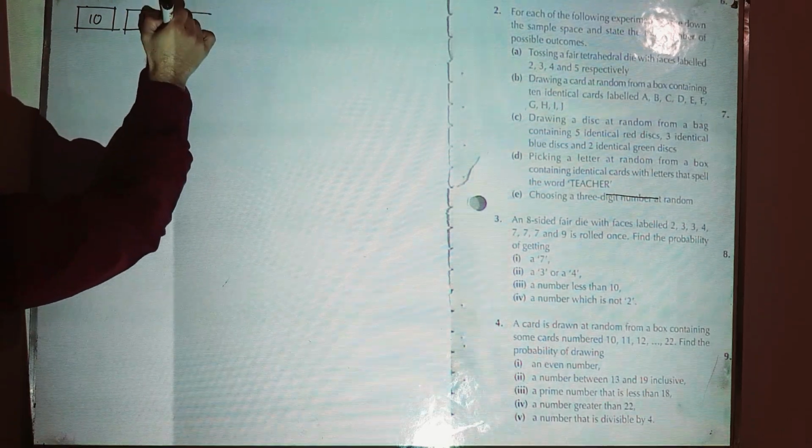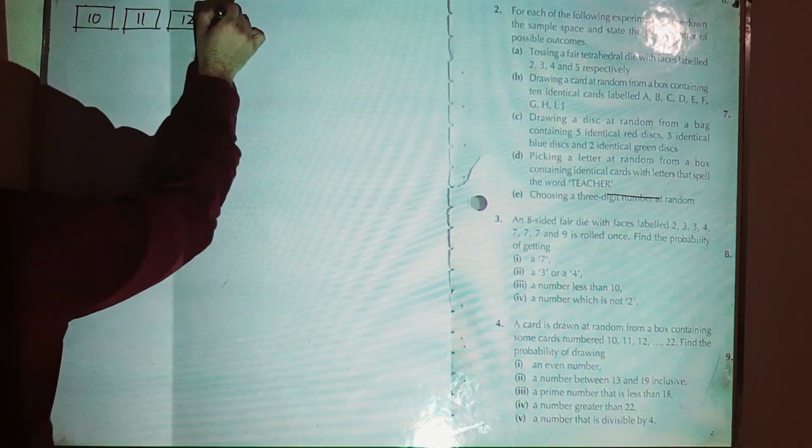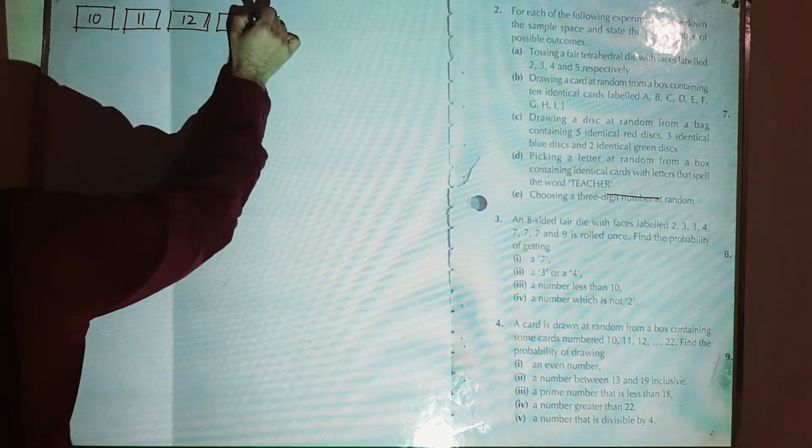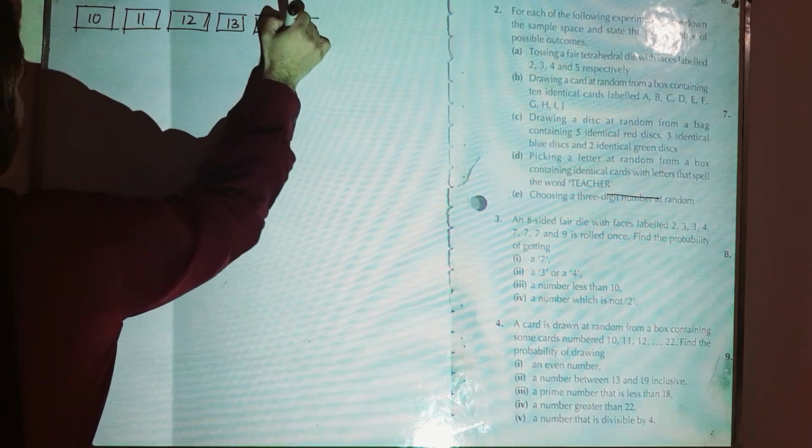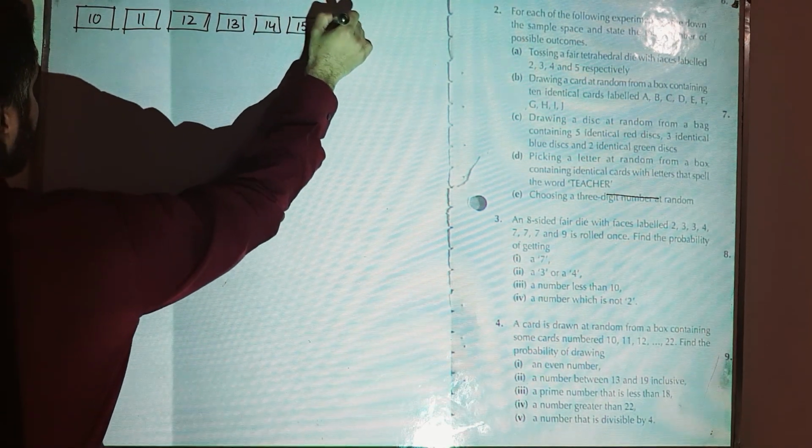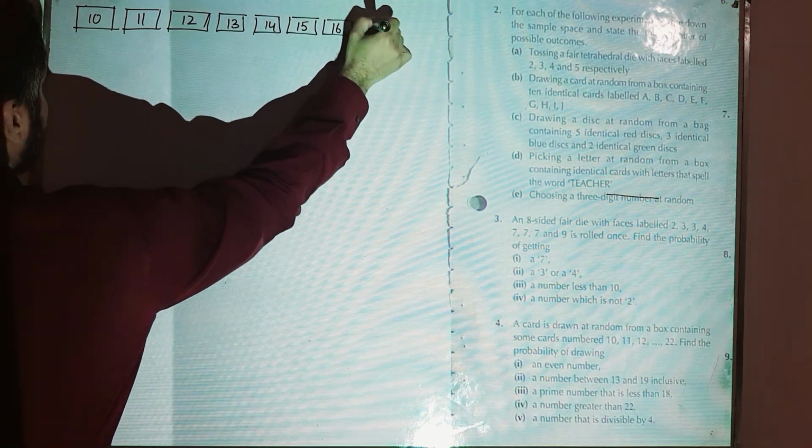I have a card number 10, then I have a card number 11, then a card number 12, similarly 13, a card having number 14, a card having number 15, a card having number 16, a card having number 17, a card having number 18, a card having number 19, 20, 21, 22.